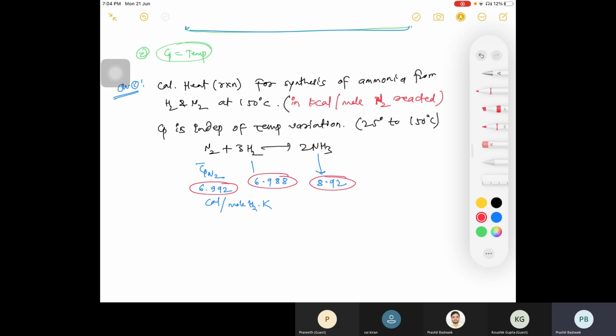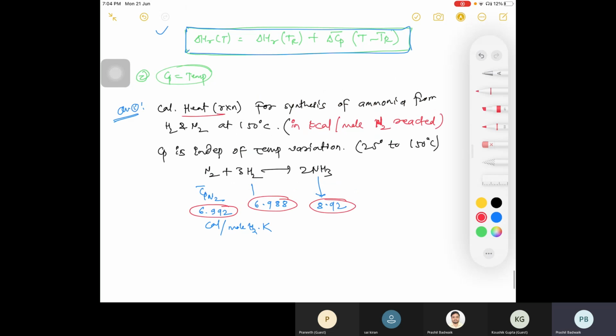These three values are given. You have to find out the heat of reaction at 150, and it is given that the heat of reaction or heat of formation of ammonia is minus 11020 calorie per mole N2 reacted.